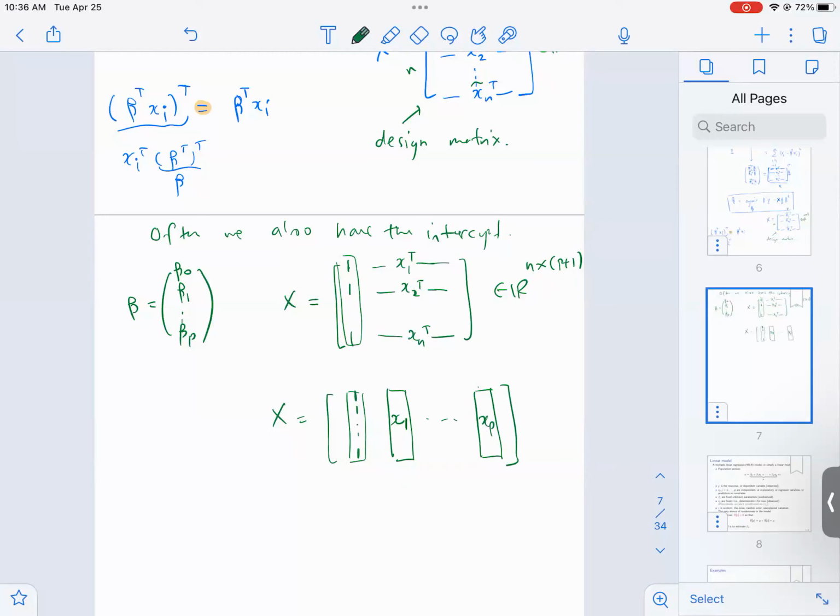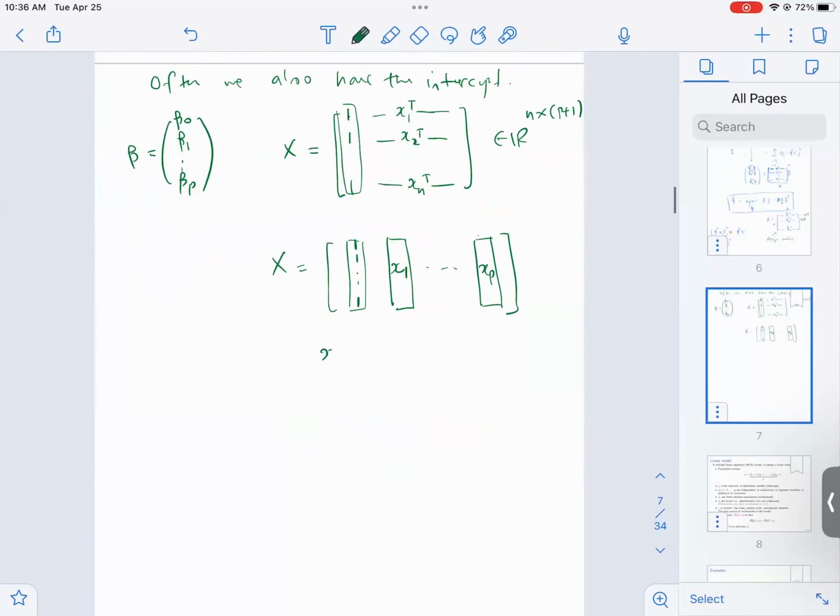So it's the same thing, just different notation. I'm going to look at the first column. If you want to be precise, xij is the jth feature of the ith observation.